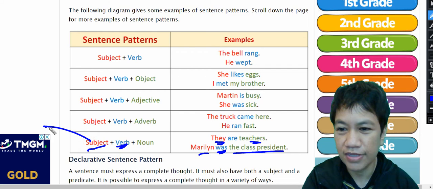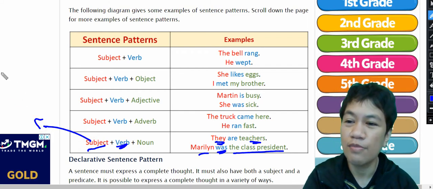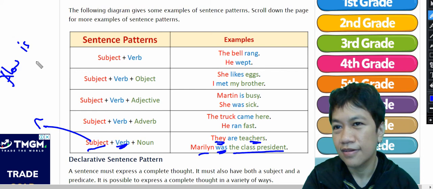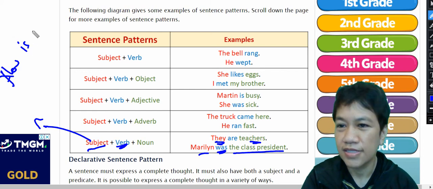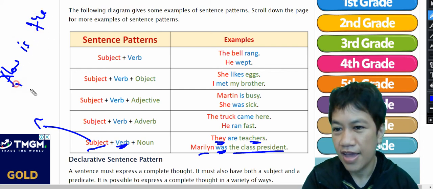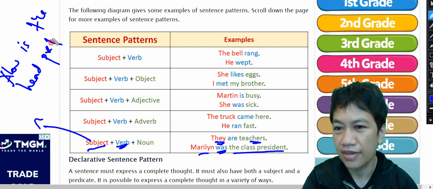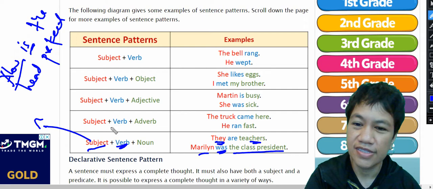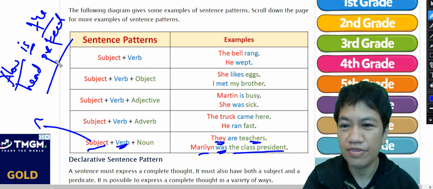Another simple example, for example, Abu is the head prefect. Okay, Abu is the subject, is the verb, and the noun the head prefect.